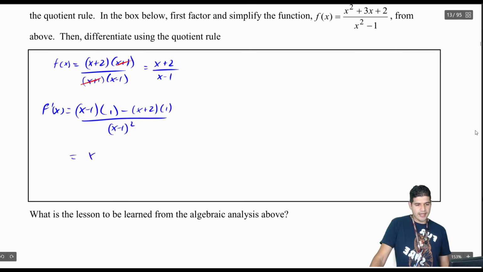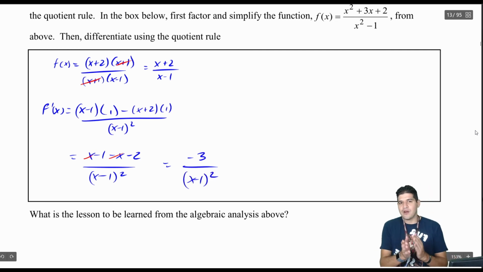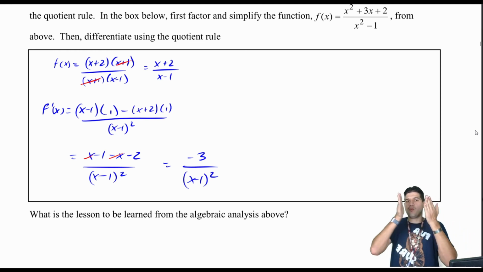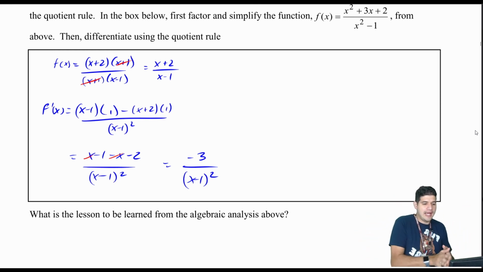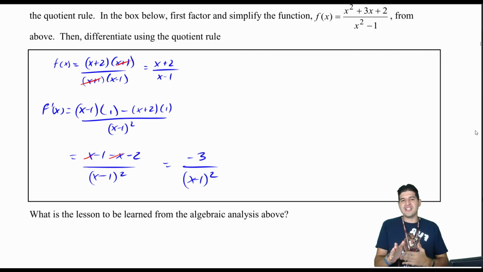So here I get x minus 1 minus x minus 2, all over x minus 1 squared. Those x's cancel out, and negative 1 minus 2 comes out to be negative 3 over x minus 1 squared. And that was so much faster than what I did a second ago. And the flow of it is much nicer.